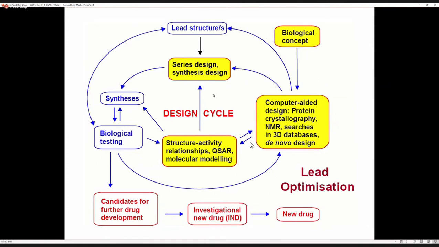You have to optimize juga untuk dapatkan high yield and so on, right? So you have these lead structures that you can do series design and synthesis design, and then you go to synthesis, right? So without Qsar, this would be for 10,000 of compounds lah, sampai biological testing. Okay, so dekat situ memang lama lah.